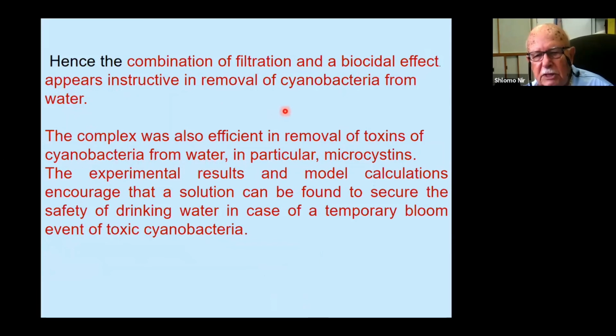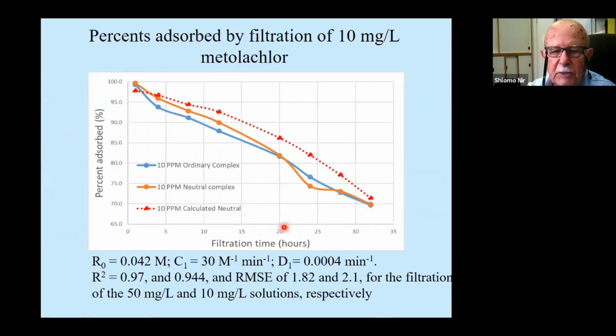We published in Water Research papers on removal from suspension. During the last few months, we succeeded to demonstrate efficient removal by filtration. And the last two slides deal with removal of the hydrophobic neutral herbicide metolachlor.